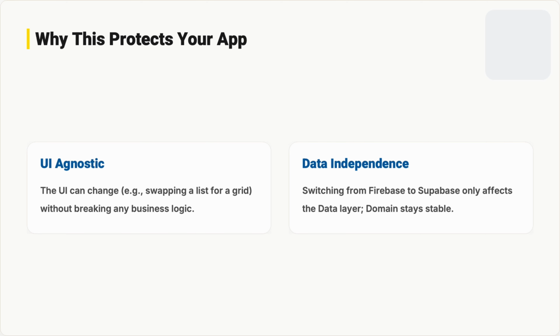This rule protects your app from becoming fragile. UI can be redesigned without touching the core logic. The data sources can be swapped. For example, you could move from REST API to GraphQL without rewriting your business rules. This results in a project that can grow over months or years without turning into a spaghetti mess.